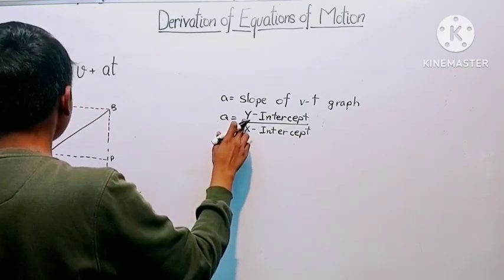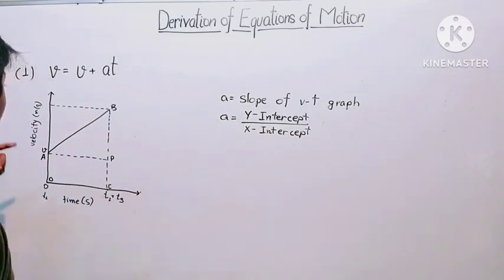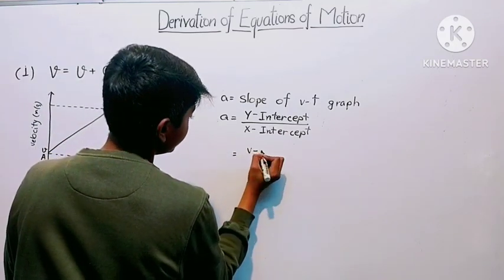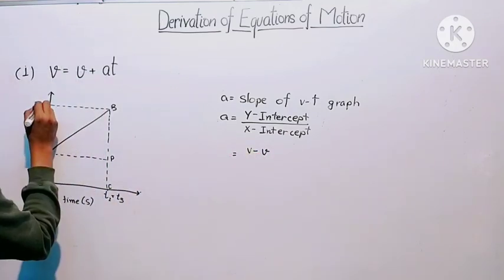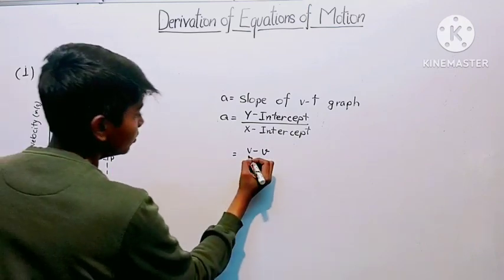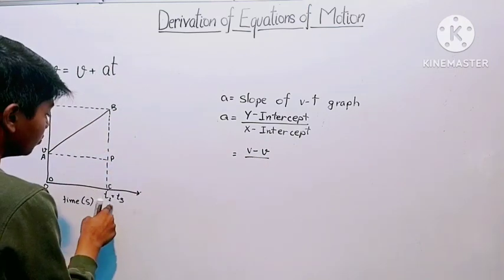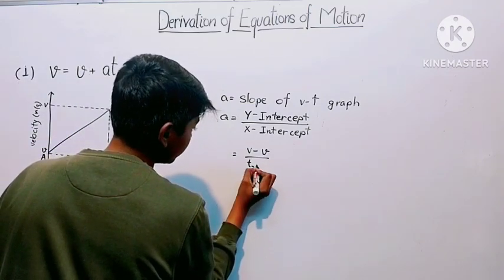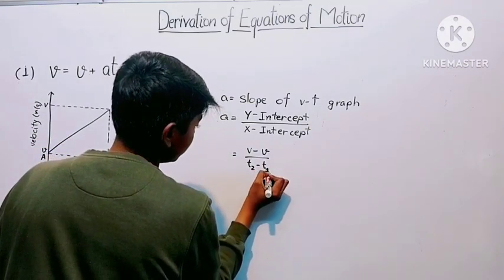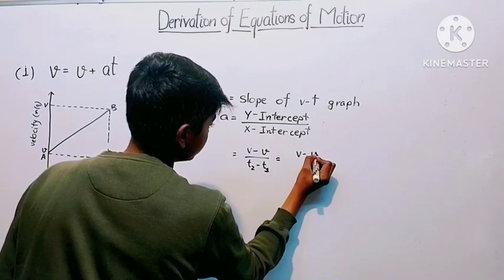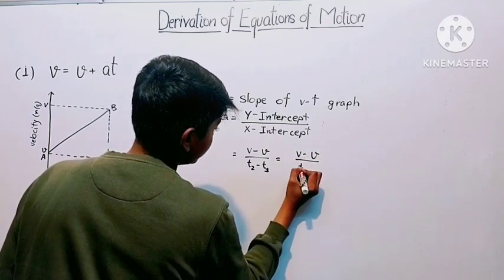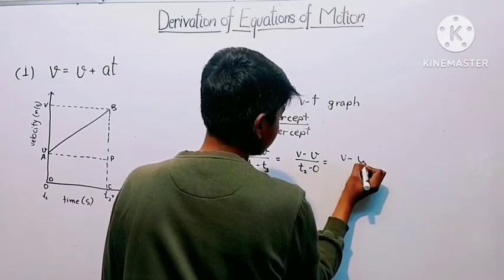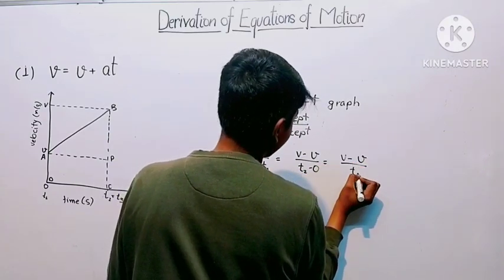So the y-intercept would be equal to v minus u, so v minus u divided by t2, which is equal to t seconds, minus t1, which is equal to 0 seconds. So t2 minus t1 gives v minus u upon t2 minus 0, which is equal to v minus u upon t seconds.